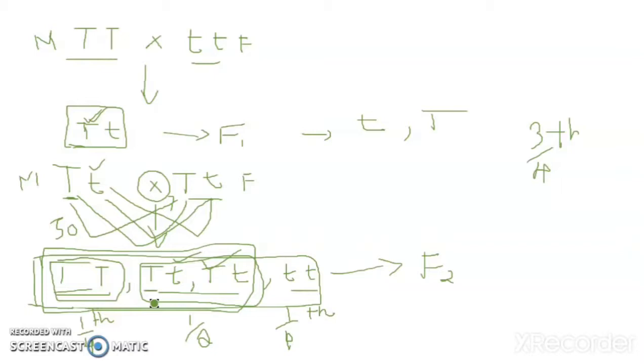Why do we say dominant? It is because in the F1 generation, this character dominated over the other. That is why we got all tall plants in the F1 generation, though their genotype is capital T small t.